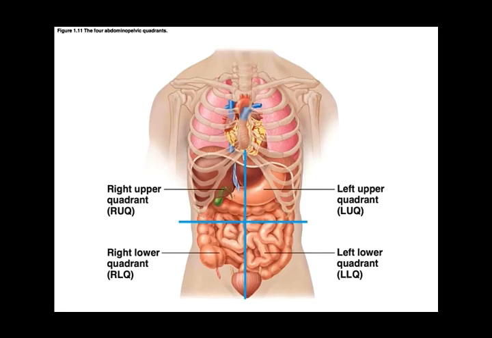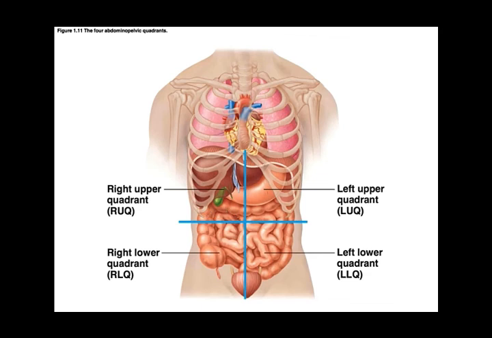You can see it is divided into four divisions: the first is the right upper quadrant, then the left upper quadrant, then the right lower quadrant, and the left lower quadrant. According to the locations of the organs, these quadrants may be termed in medical or surgical findings.